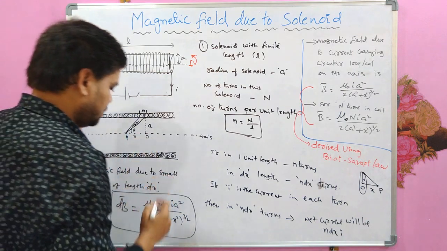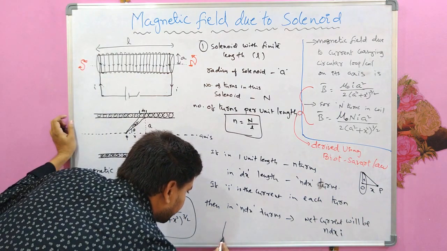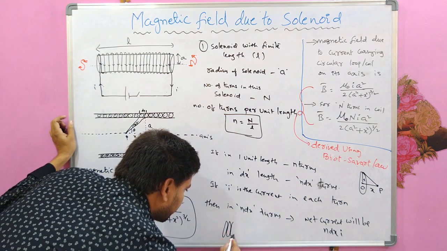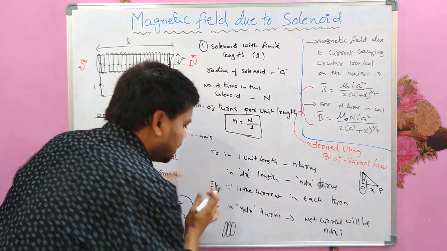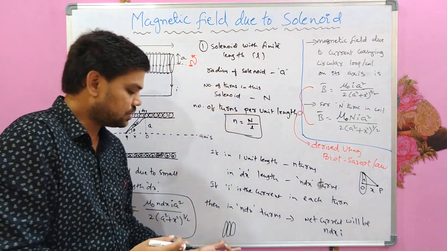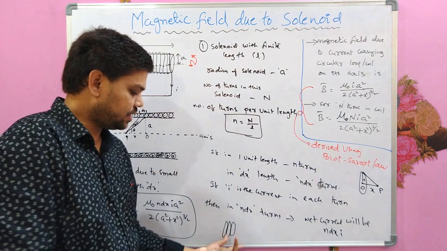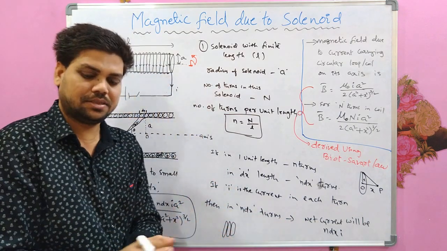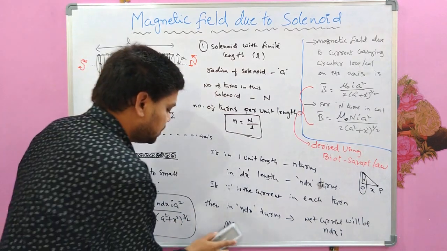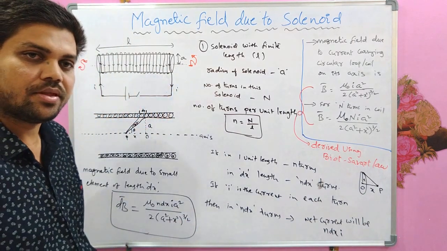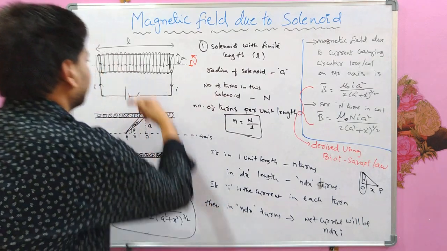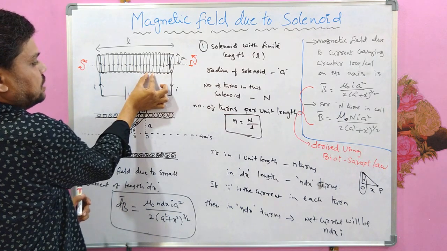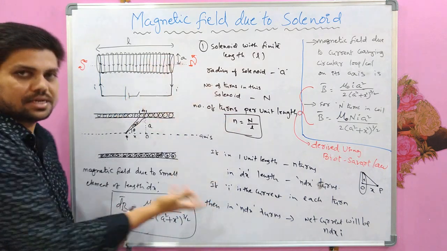Just like here, you can say it is like small turns. They are very close to each other. It looks like they are different turns, separated by some distance, but they are not. They are very close to each other. ndx turns are there in this. For example, if you take this, here it is 3 turns, like ndx.